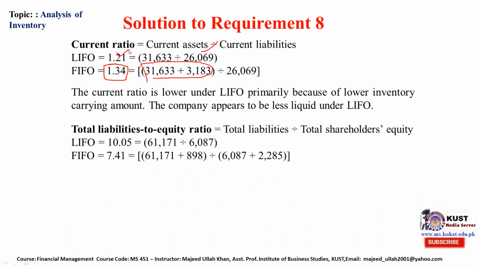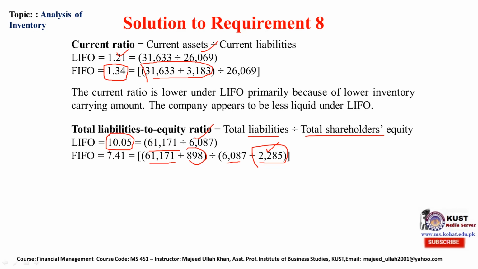So total liability to total equity ratio is calculated as total liability divided by total shareholder equity. Total liability in this case is that much divided by this amount. Now total liability plus 898 divided by total shareholder equity plus the increase in retained earnings during 2008. So under LIFO method, it is 10 total liability to total equity.